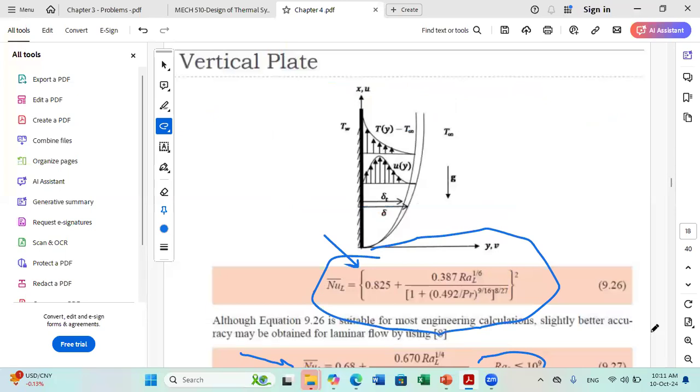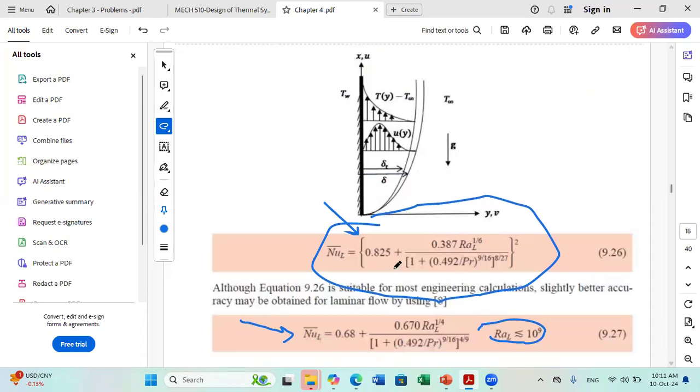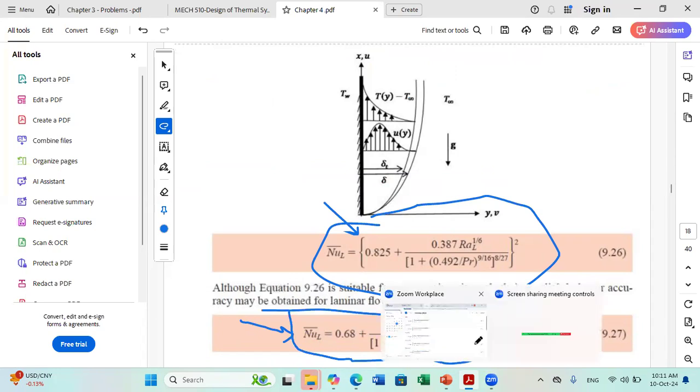I continue to move down. I have here two relations. One that is applicable for all Rayleigh numbers, okay? But in general, as we said, if I have a specific value, it will be better. Since this relation is applicable for Rayleigh smaller than 10 to the power 9, which is my case, I will select this relation.